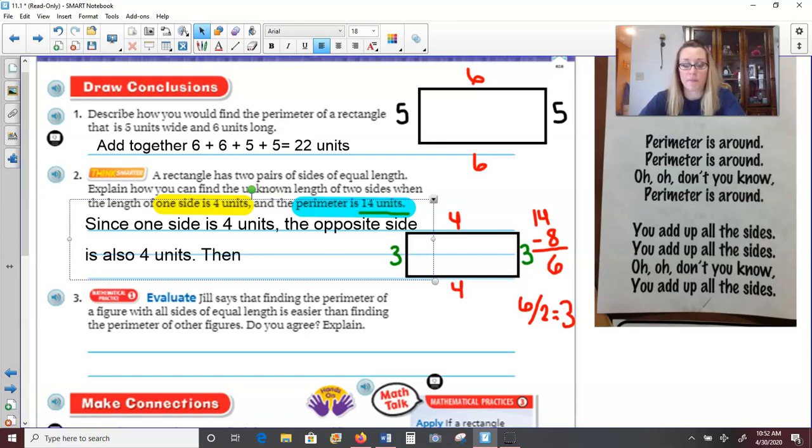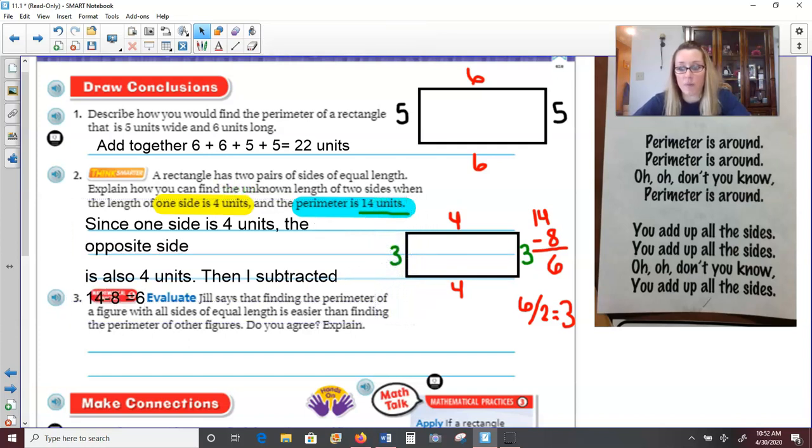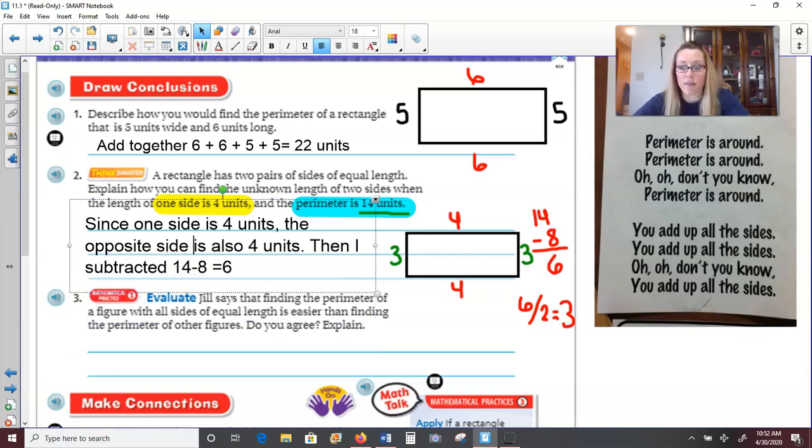Then I subtracted 14 minus 8, which equals 6.